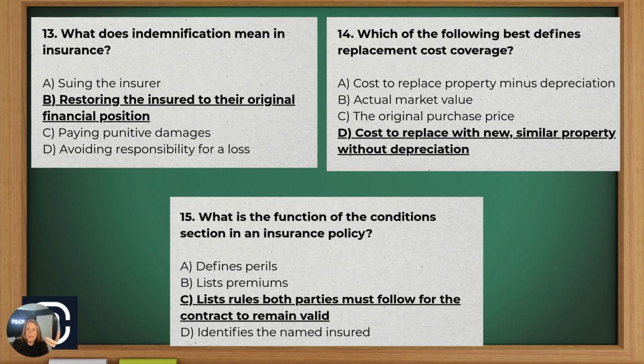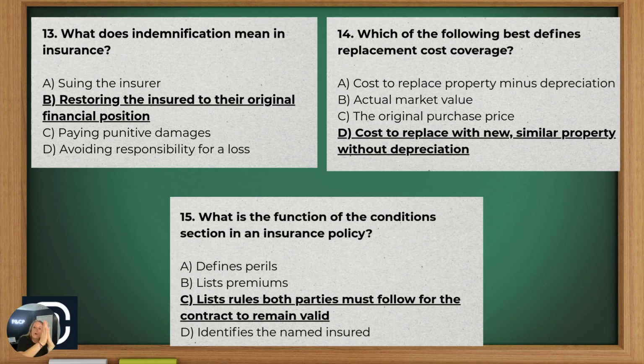Conditional contract says that both parties must do certain things to keep the policy in effect. So you might see it one of two ways, or both ways. The condition section of the policy is where the insured and the insurer must keep their duties in effect. They must each adhere to their end of the bargain.